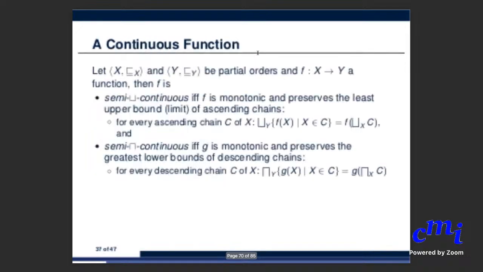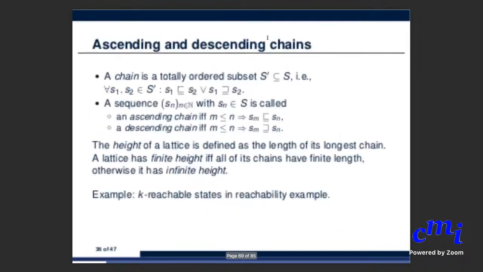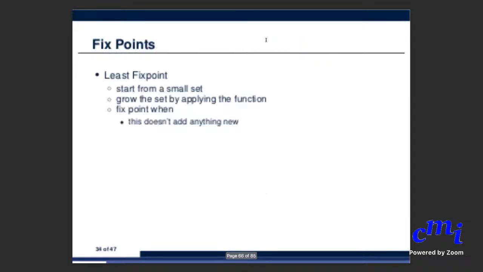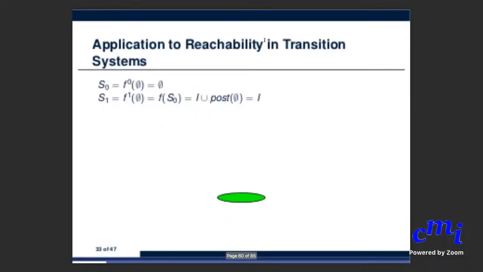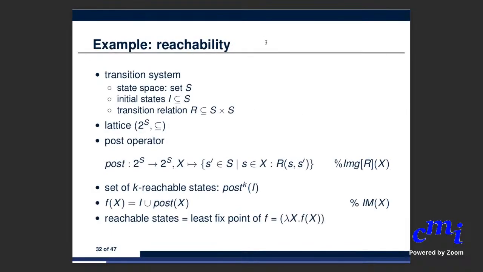Now I'll go back to showing how it is used in our case, for reachability computation. As I said, the state space for us is a universal set of states, and there's an initial state which is a subset of that.